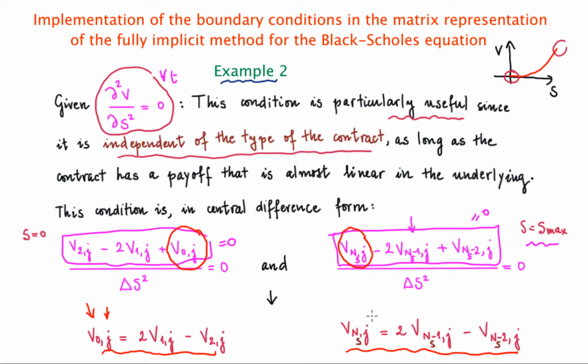As you can see here, this one is related with the values of the option at 2 different S values. So these are therefore the boundary conditions and the finite difference representation of the boundary conditions we have on the 2 sides that we need to implement in our matrix representation. And this is what we are going to do next.